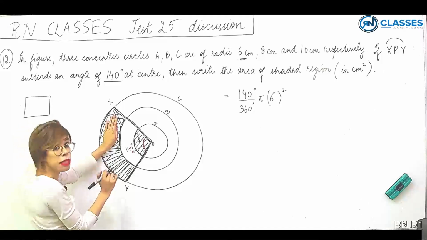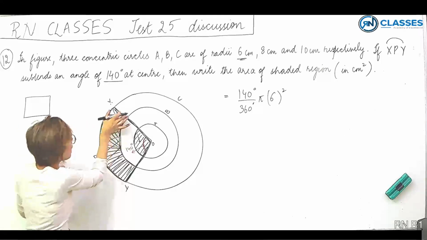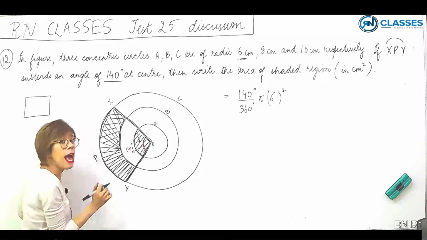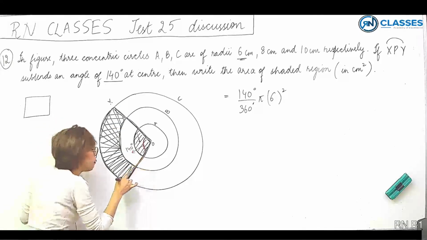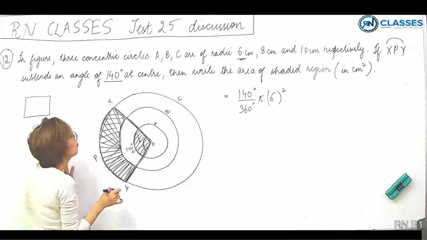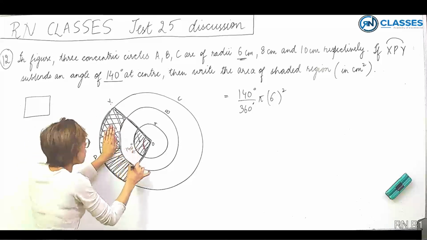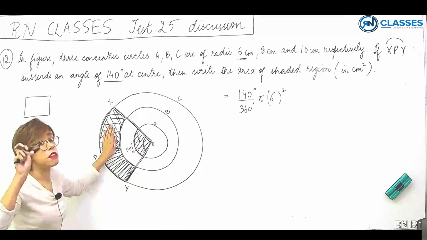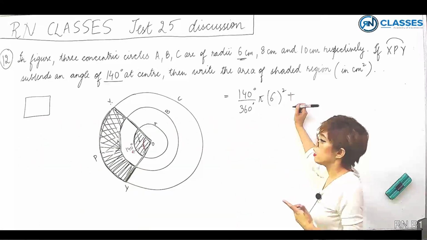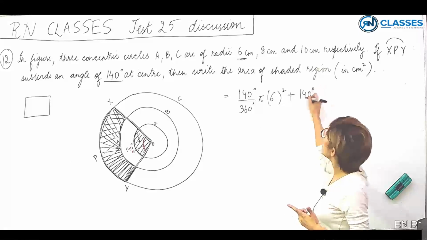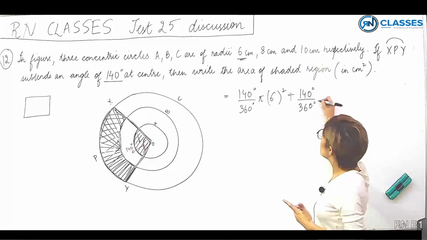The circle D. So, if I want to find the area of this portion, what I can do is, I can find the area of the sector of the biggest circle, minus the area of this sector, which is the sector of the middle circle. So, let's write it. Area of the sector, that is 140 degree by 360 degree, pi.